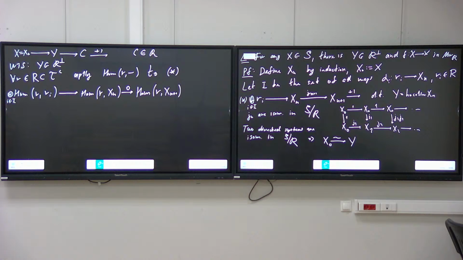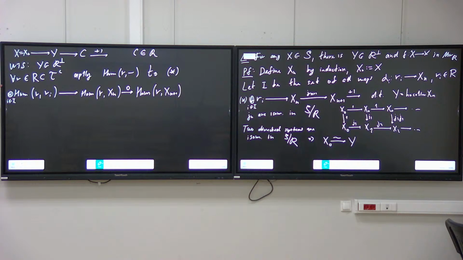Do you see why the map is 0? You can think about this, one of the key steps of the book. Why is the map 0? Because the composition must be 0 and go through all the maps.